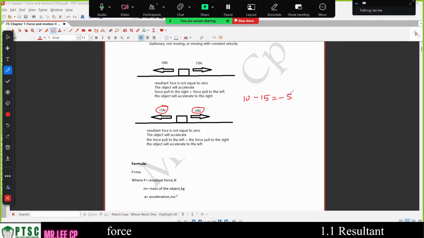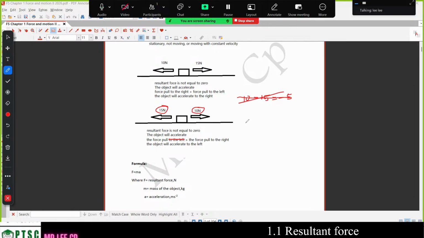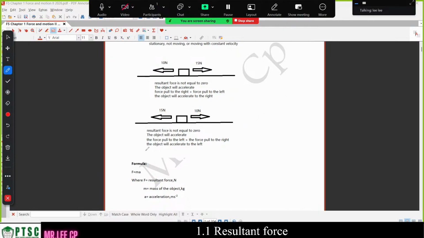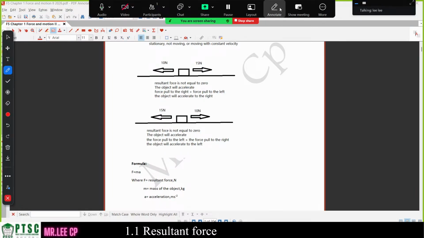We just take it as positive. So we don't take 10 minus 15, we take 15 minus 10 as your resultant force. Now the object will go to the left because the force on the left is more than the right. So the object will accelerate to the left.